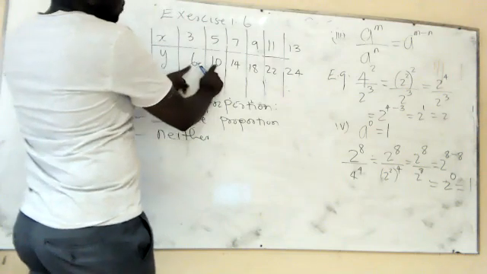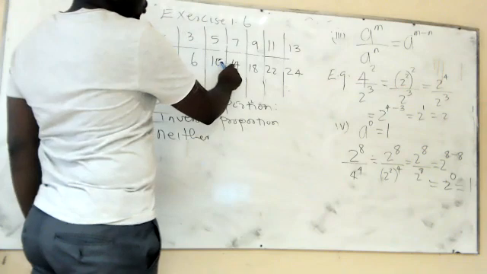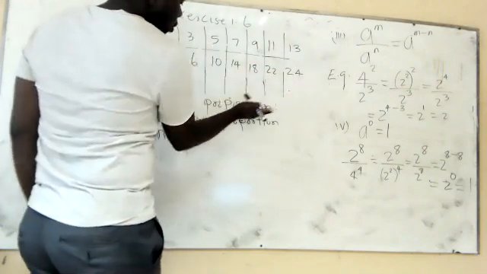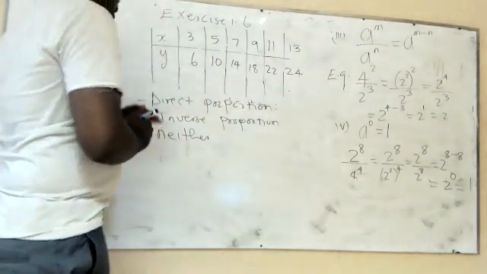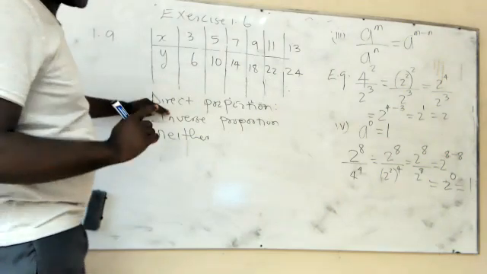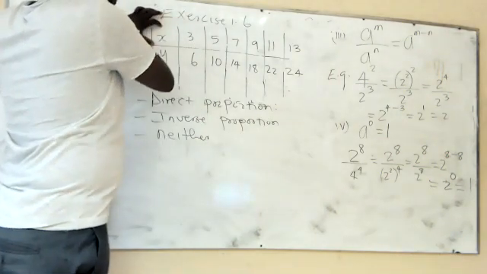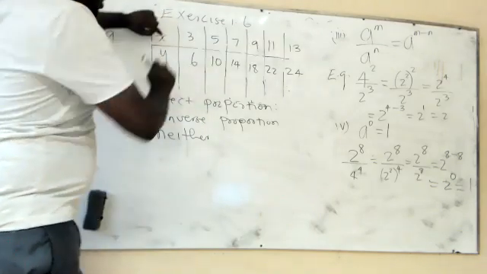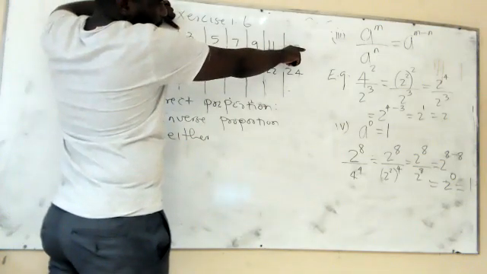Similarly for the variable y. If you take the difference between 10 and 6, it's the same as the difference between 14 and 10, 18 and 14, and so on. So it has a constant coefficient. Now the second part of that definition is what is critical. You must check what happens to y when x increases or decreases. The x in this case is increasing, right?